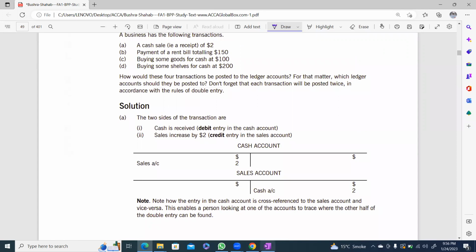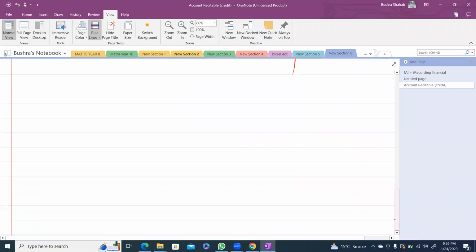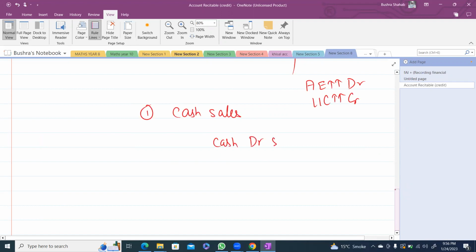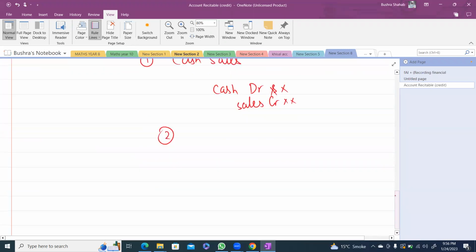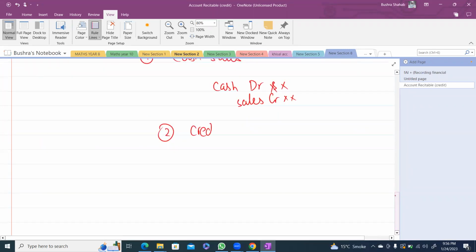If you do cash sales, you know what's the entry for cash sales? Cash debit, sales credit. Good. Then credit sales. What's the entry for credit sales?